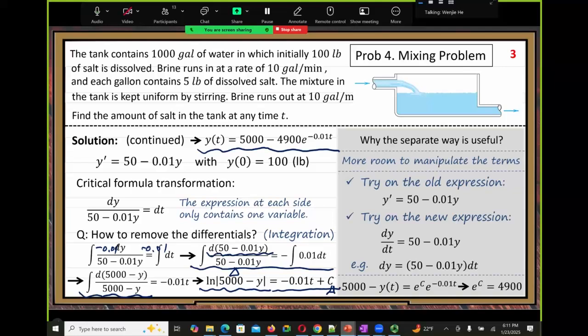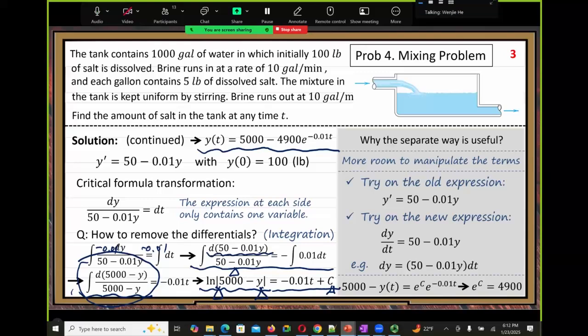The question is, after we do the integration here, by the formula, we need that absolute value. You cannot throw it away. Otherwise, the natural log of a negative number is not defined.